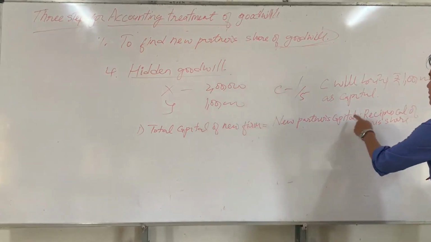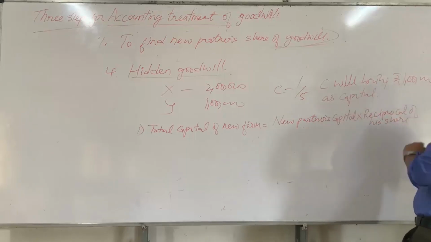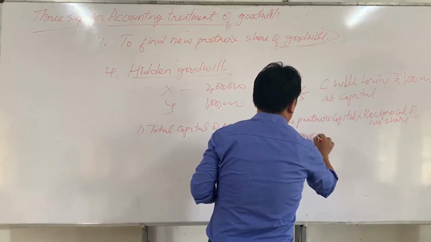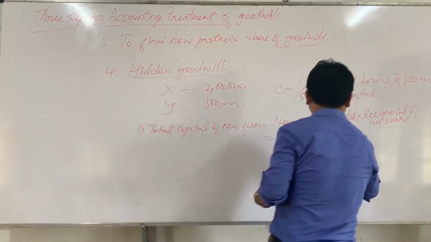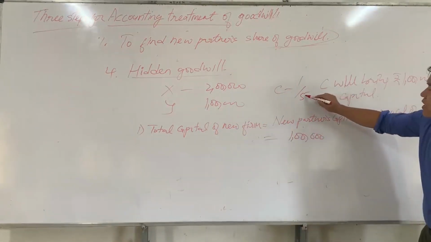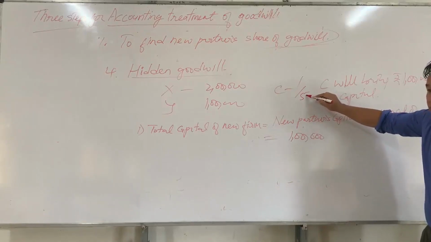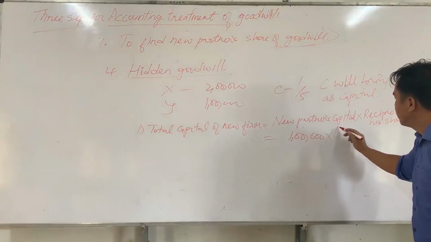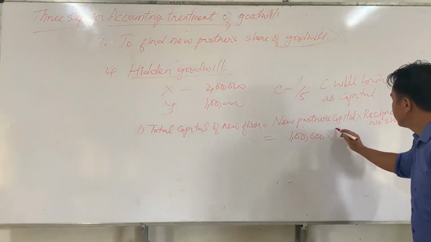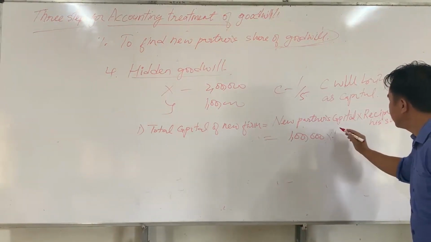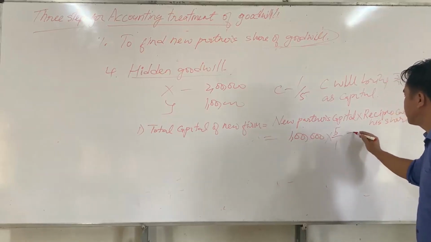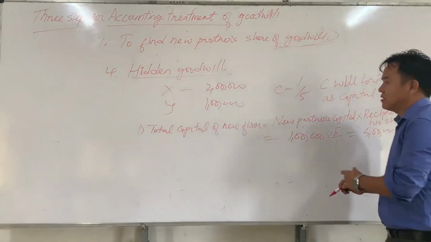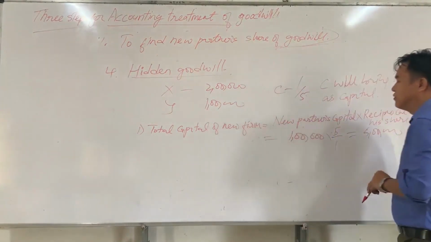Now what is the new partner's capital? Rupees 1 lakh. C's share of profit is 1/5. So what is the reciprocal of 1/5? It will be 5 by 1. So how much do we get? 5 lakh. So 5 lakh is the total capital of the new firm.